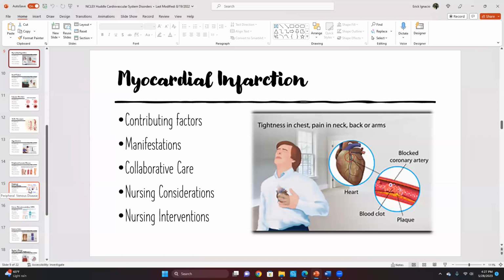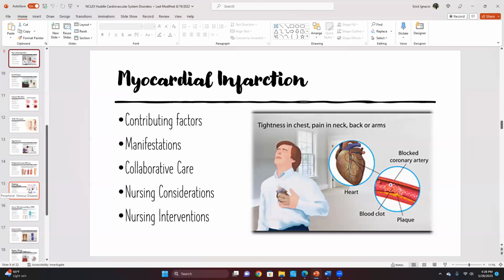Okay, so the anticoagulants and antiplatelets include heparin, aspirin, which is usually 81 milligrams of baby aspirin, warfarin, enoxaparin, and clopidogrel. So remember all the things that go with bleeding precautions.